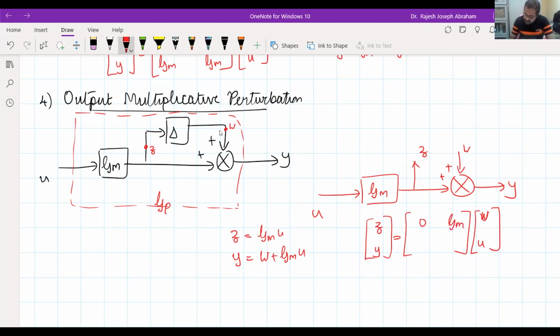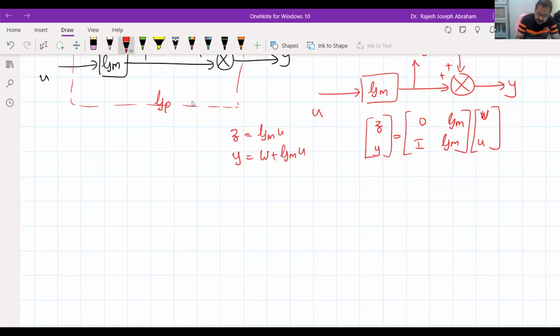Then from the Y equation, corresponding to W we have I, and corresponding to U we have a GM. Okay. So this way, output multiplicative perturbation can be represented in upper LFT form. Okay. The next one.